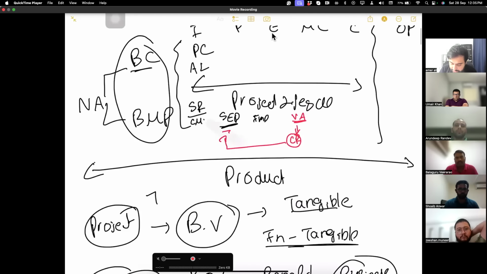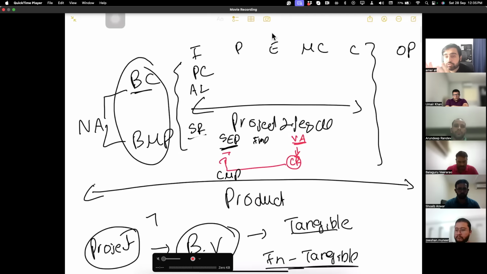In planning, we make a communication plan. In execution, we will implement it. And in monitoring and control, we'll see, are we meeting the communication requirements? If not, we will raise a change request. One change request is enough to update all the plans.